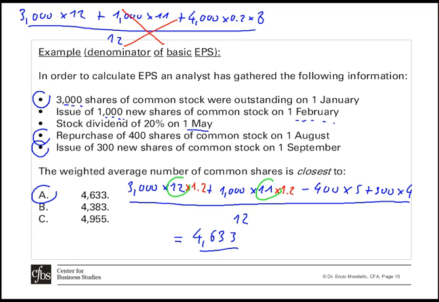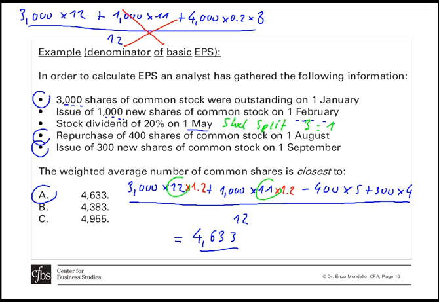Then it could be, right, that instead of a stock dividend, you have a stock split, for example. A stock split could be, let's say, 3-to-1. That's a stock split of 3-to-1. So that means if you have 1 share before the stock split, you would have 3 common shares after it. You agree with that?